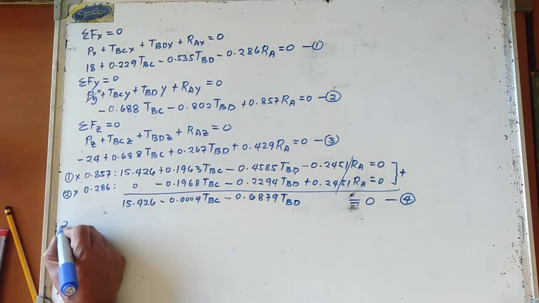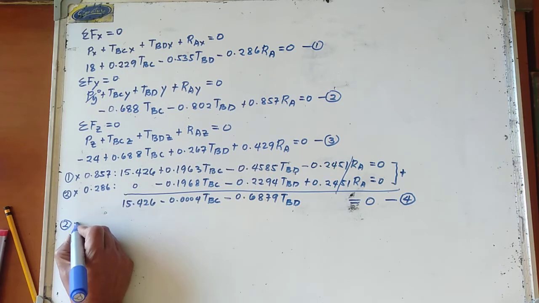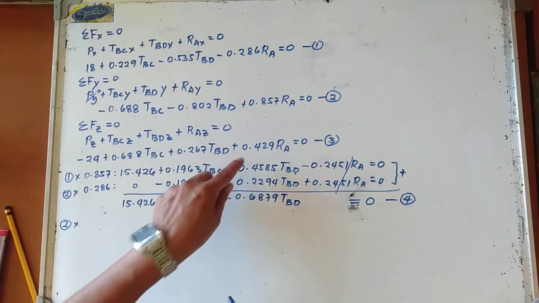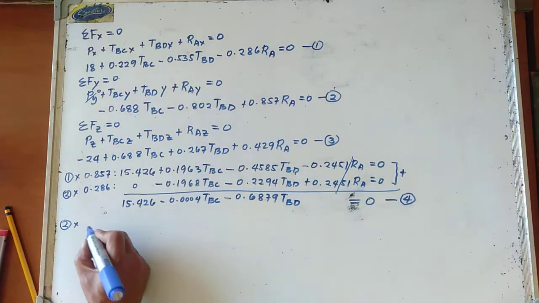So, equation 2, let's try to multiply this one by 0.429.